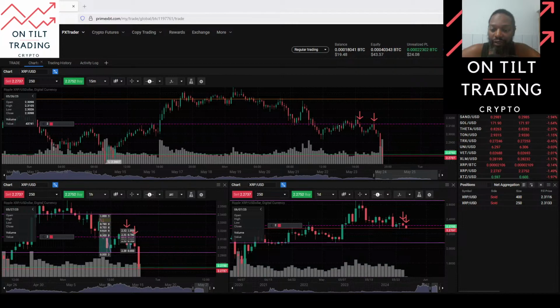Once the price action failed yesterday's high, then I would look for a short, targeting the liquidity down here at the previous day's low. And then if we go over to the 15-minute chart, these are Fibonacci retracement tools here.